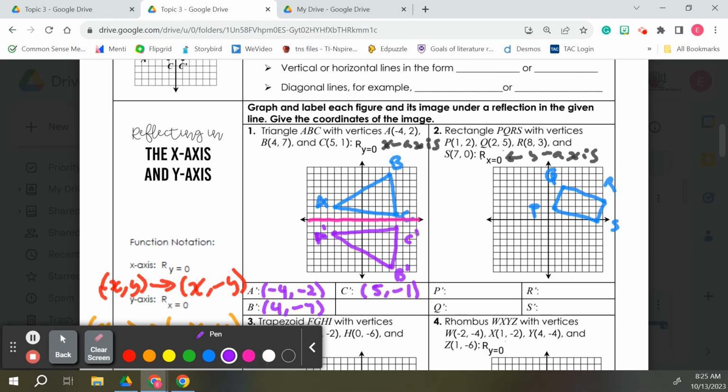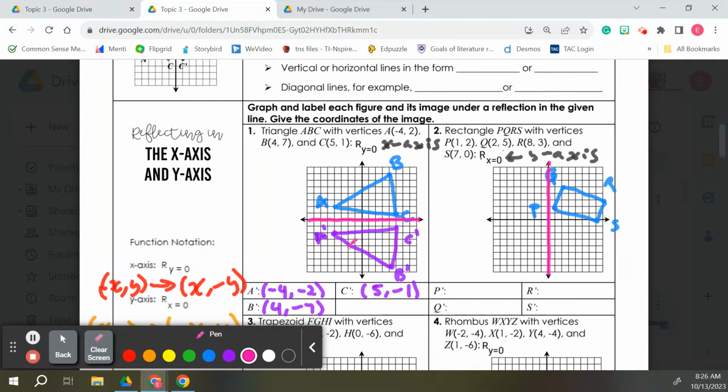Now for this next one, we're talking about the y-axis because it's x equals 0. So we're talking about this one right here. It is okay if these go over the line of reflection, the same rules still apply. It just means it's going to reflect onto itself.